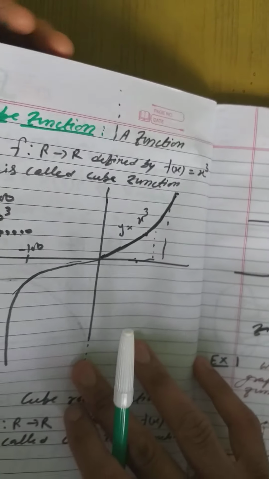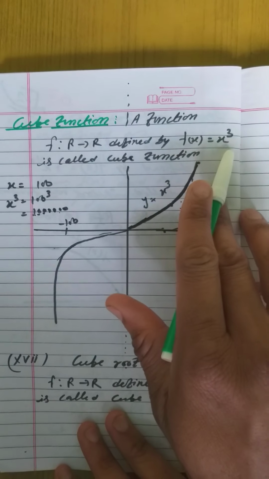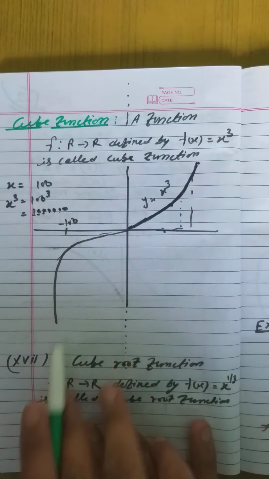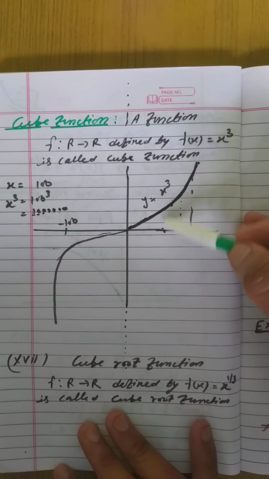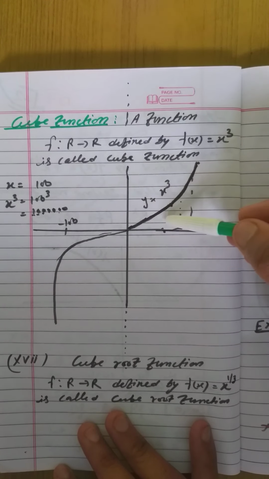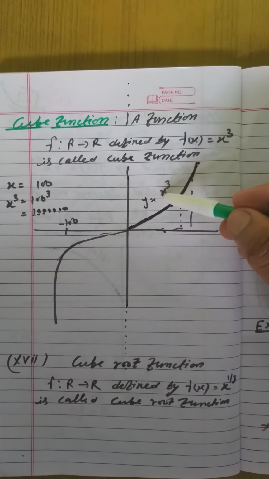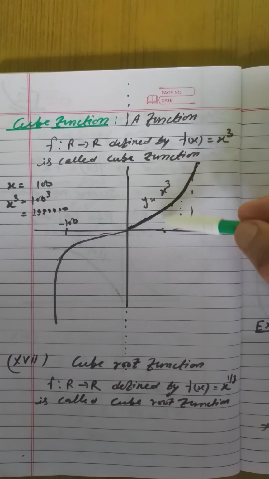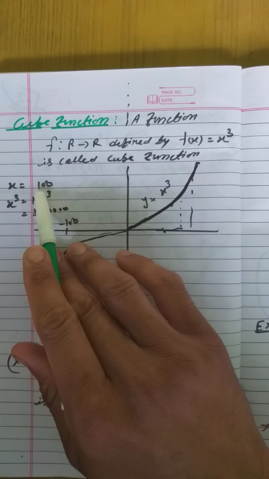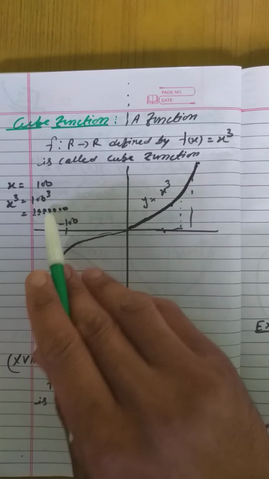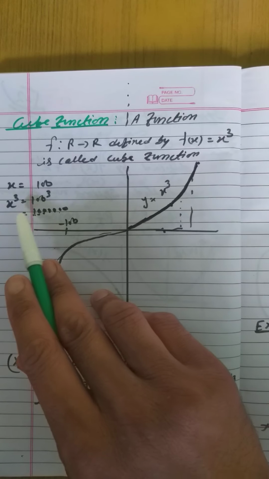Now the next function, cube function. A function f from R to R defined by f(x) equals x cube is called a cube function. Right? y equals x cube. If you put any value of x, there will be a high change in the value of y. Let us suppose you put x equal to 10, then y equals x cube will be 1, 10, 100, 1000, 10,000, lakh, 10 lakh.